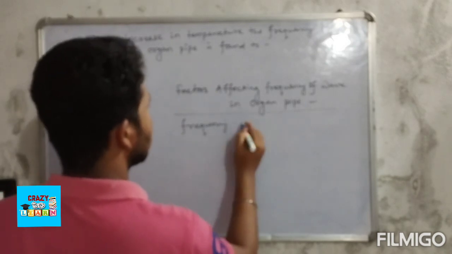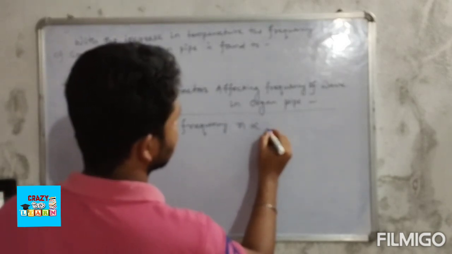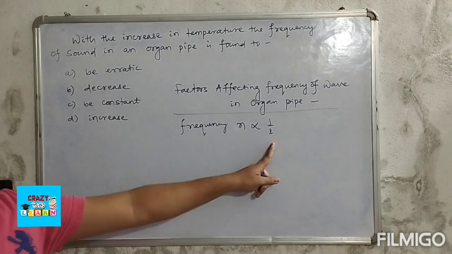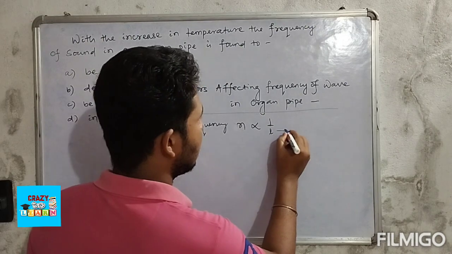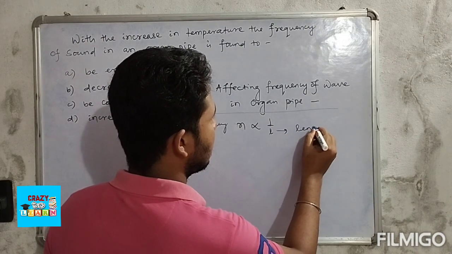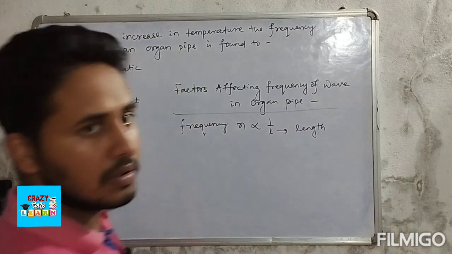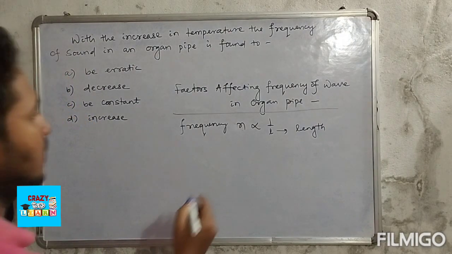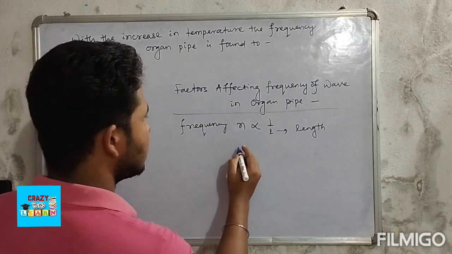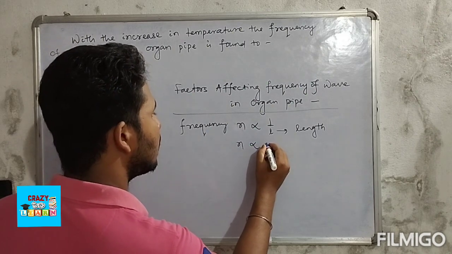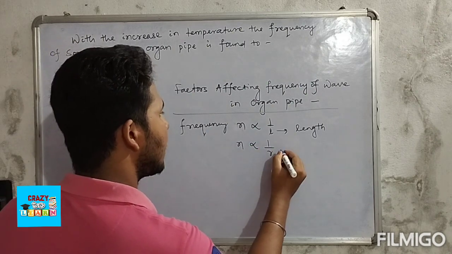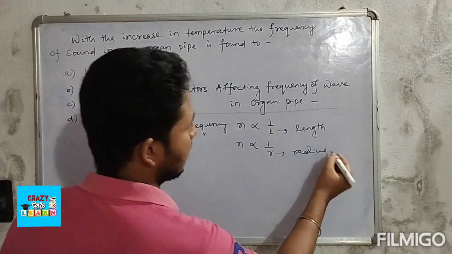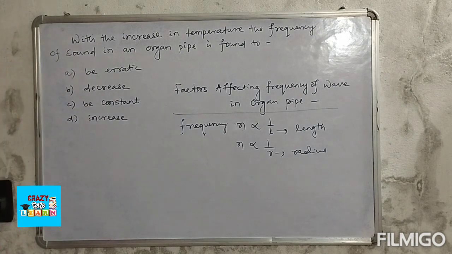N depends inversely upon the L. Here L represents the length of the air column of the organ pipe. N represents frequency. N also depends inversely upon the R, where R is the radius of the air column of the organ pipe.